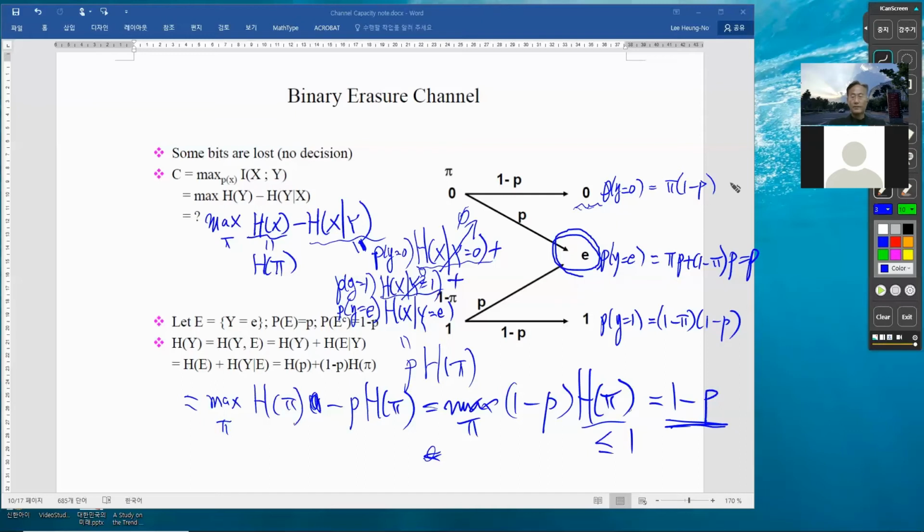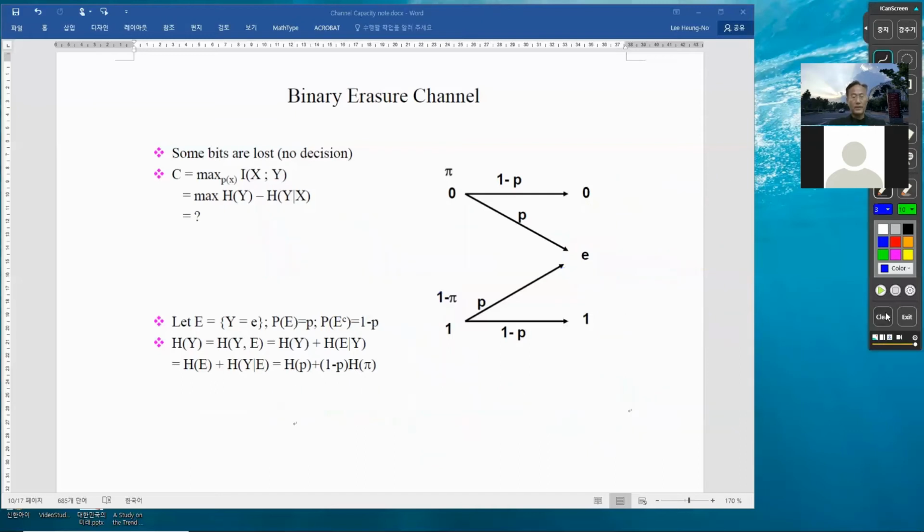Having said this, what will be the interpretation of the binary symmetric channel capacity?